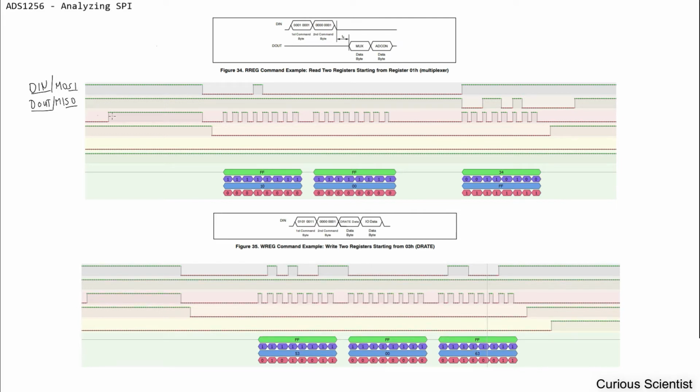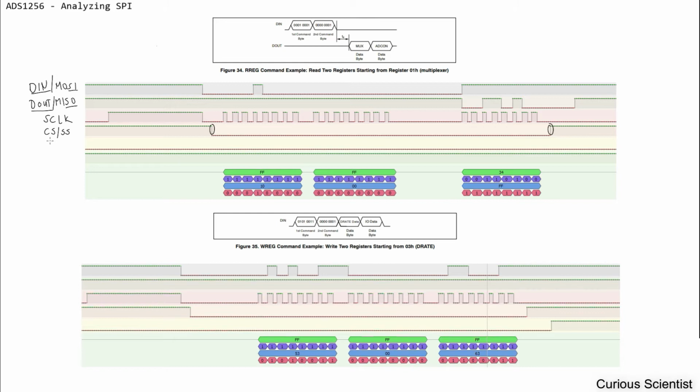Then for the next ones, I think it's quite obvious from these patterns. This is the clock, and this is the chip select or slave select signal. You can see that it goes low when we start to communicate with the ADS, and then it goes back high when we finalize the SPI communication.